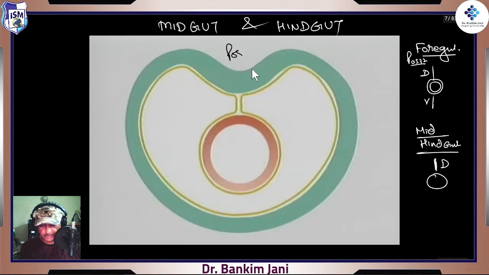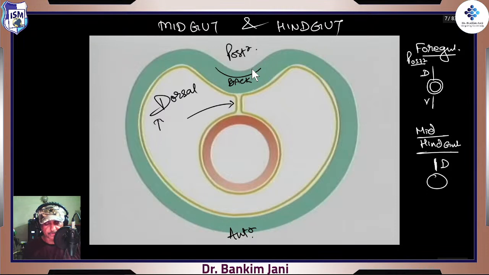This is posterior, this is anterior. This curve we are considering would be our spine, this would be the back. So that's dorsal mesogastrium. Fair enough? Okay.